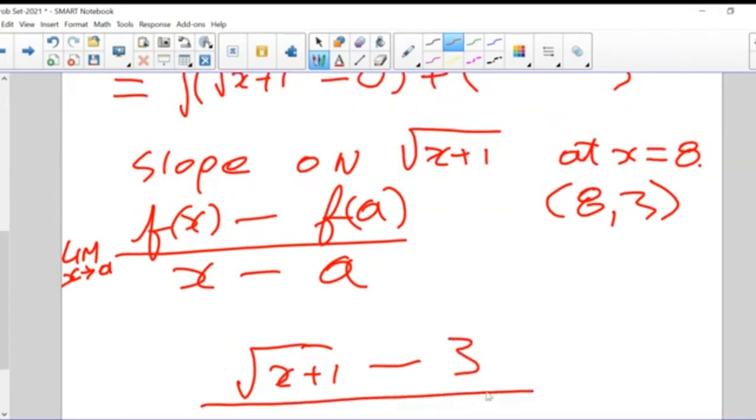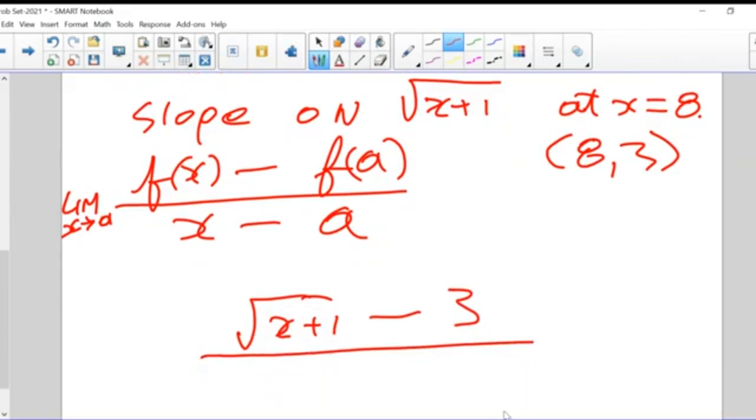Divided by, what did we put at the bottom? Does anybody remember? For the x minus a, what did we put? Nobody remembers what we put for the bottom? We put x, and minus from that the 8. I guess somebody remembers that. Just put a generic x minus 8. Thank you, Sarah.